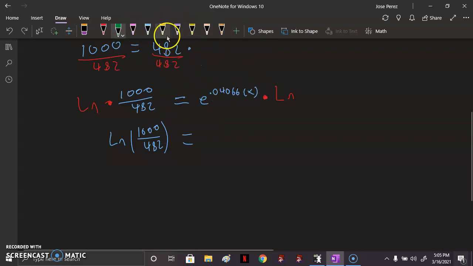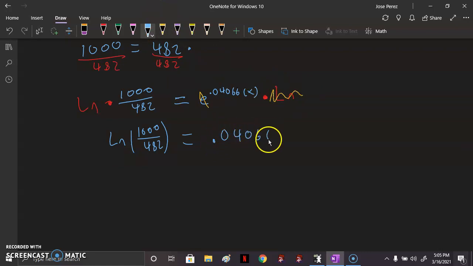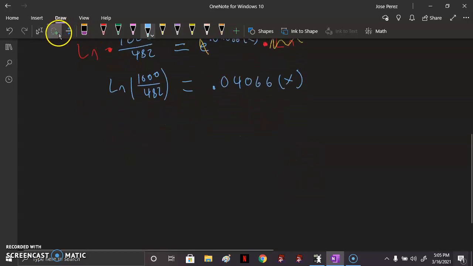Let's use a different color because I feel like you can't see that. ln's cancel out each other. So we would get 0.04066x.